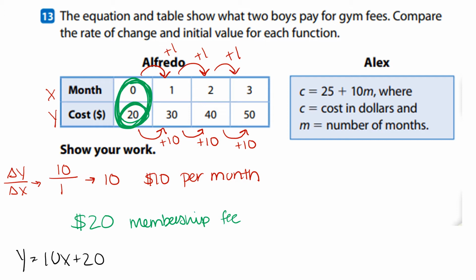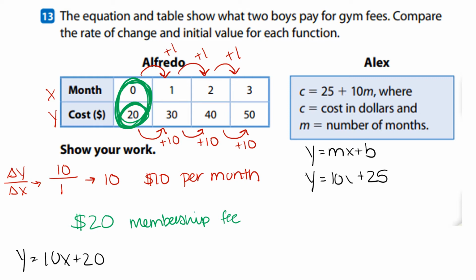Now for Alex, the equation C equals 25 plus 10m tells us that C is the total cost in dollars and m is the number of months. Even though that equation is written differently from how we're used to seeing it, y equals mx plus b, we can rewrite it. C is our y value. 25 is by itself, so that's the plus b value at the end.